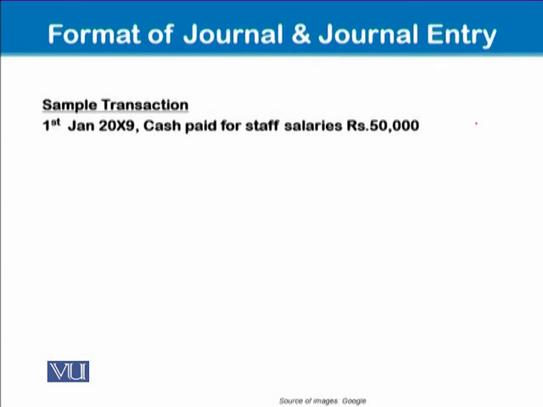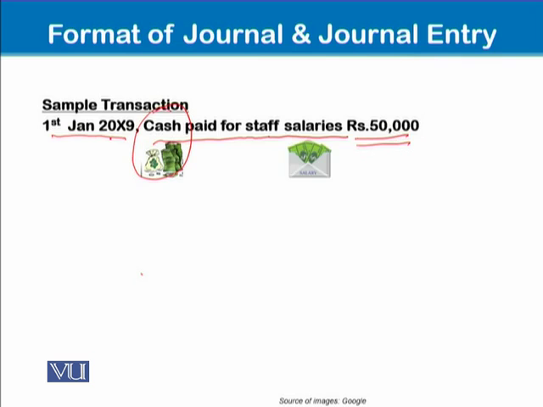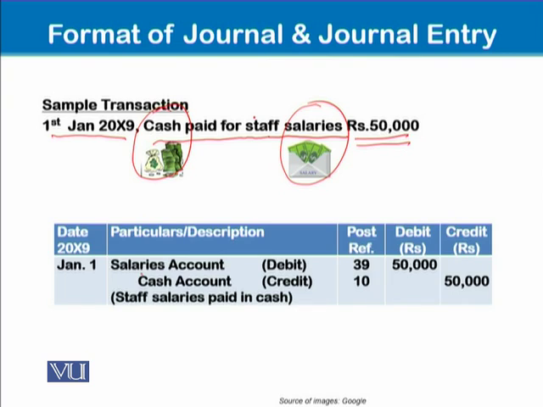So let's discuss its format with a sample transaction. The sample transaction is that on 1st January X9, we have paid staff salaries of rupees 50,000. Cash is involved in this, and salary. These are the two accounting heads that we can identify, and this is how we will record in the journal.